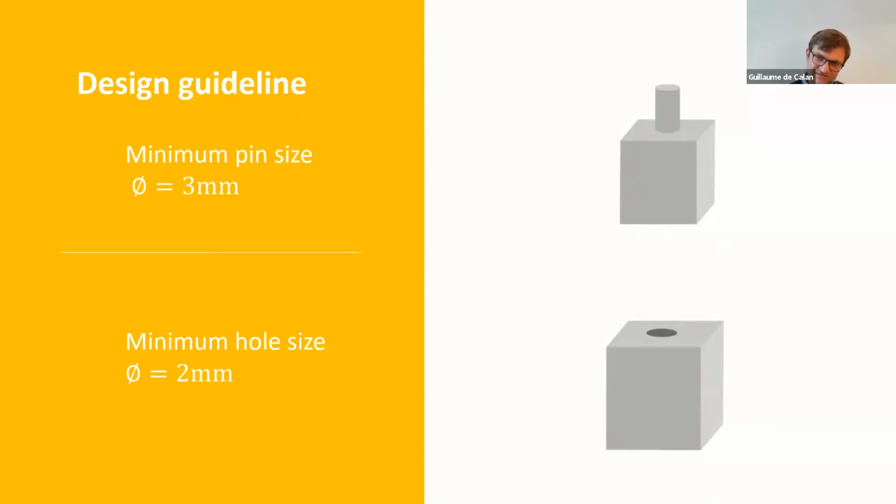If it's less than 2 millimeters, you'll print it, of course. You'll have a hole, but will it be nice and round? That's another question. In terms of pins, it's a bit more difficult even because the pin needs to hold by itself. So we usually recommend to stay above 3 millimeters.